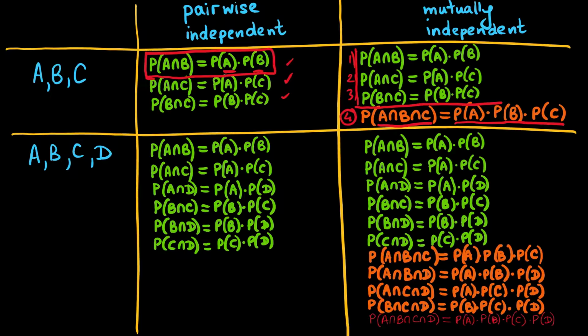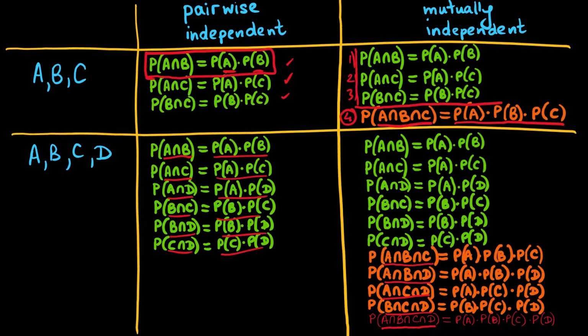You see, in pairwise independence, we just pick all the possible pairs, and the intersection of these must factor. But in mutual independence, in addition to those six conditions, we now have the intersection of three sets, and there are four such sets of three, and then additionally the intersection of all four sets must also factor this way.